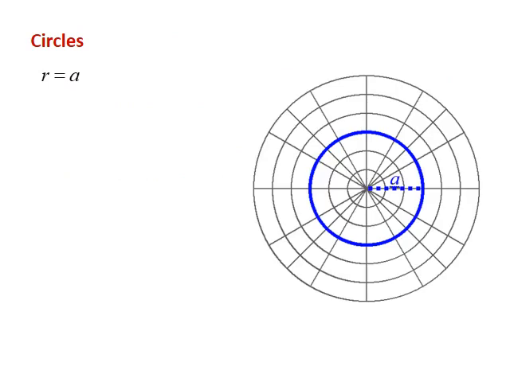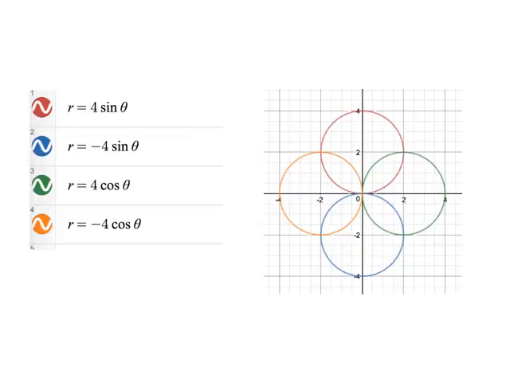One thing you will find are circles, and circles are not something new. It's something we've seen before, but these circles are going to take on different equations. And those equations are going to look something like these.